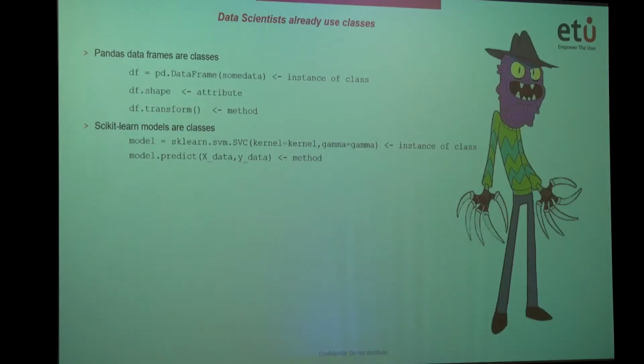And also, of course, if you use scikit-learn, which, again, most data scientists in Python do. If you aren't using scikit-learn and you're a data scientist, I'd like to talk to you. I'm really curious what you're doing. Again, their models are classes, right?